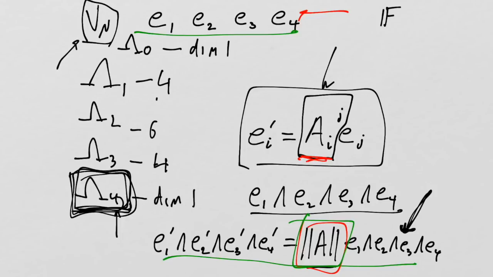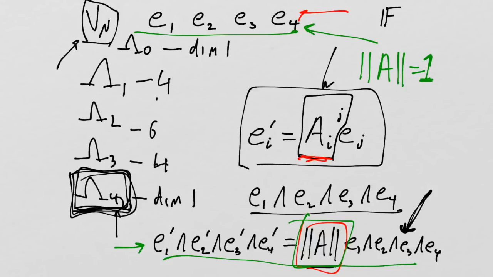But we could say, wait a minute, I'm only interested in changing the basis here in such a way that the volume element doesn't change. And that's tantamount to saying, I only want the members of GL, the general linear group, where the determinant equals 1.